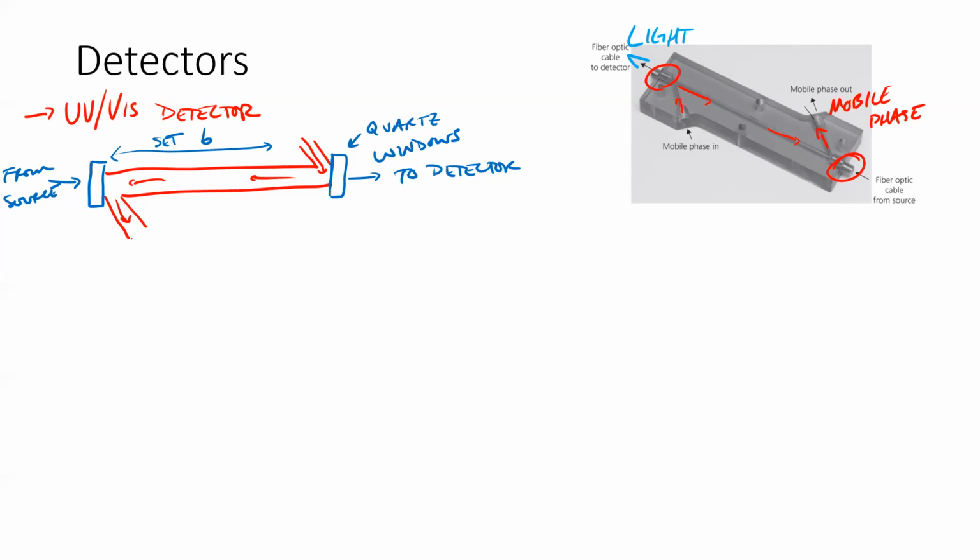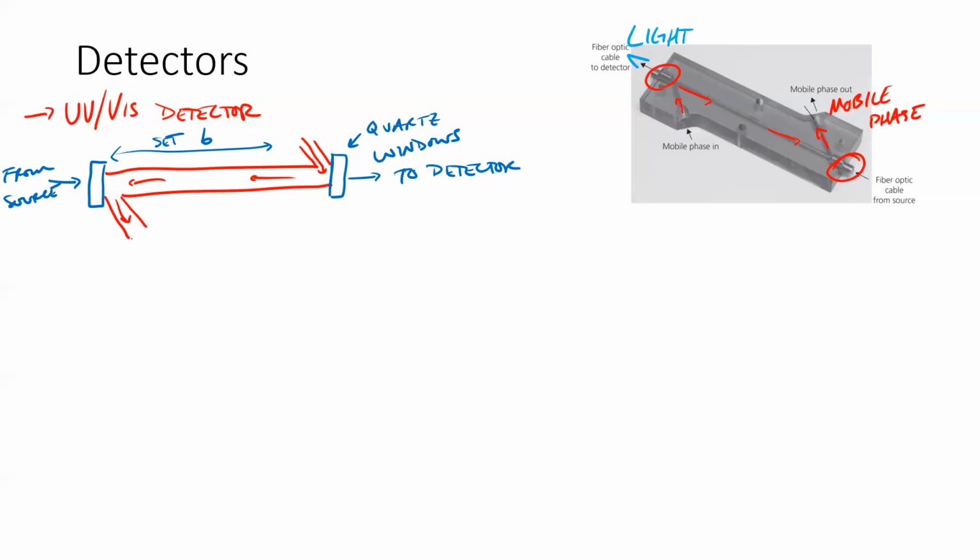And so, quick knowledge check here. Which of our UV-vis detectors gave us the fastest response time? We only really talked about 2, a PMT or a diode array.